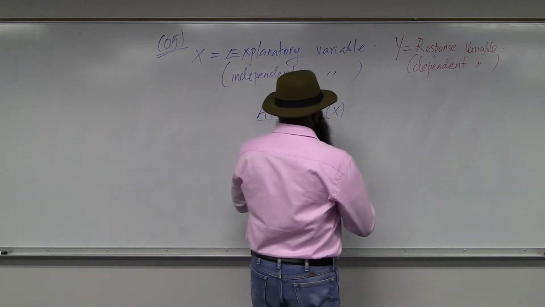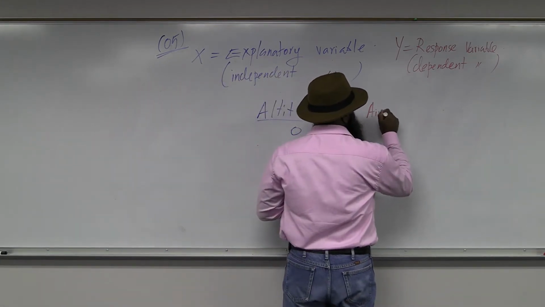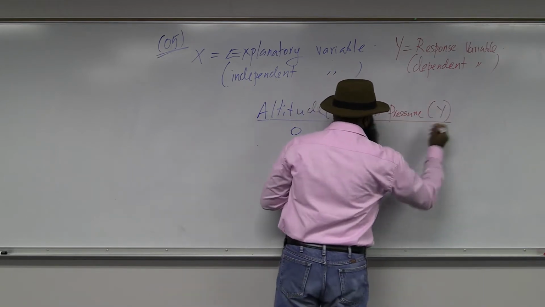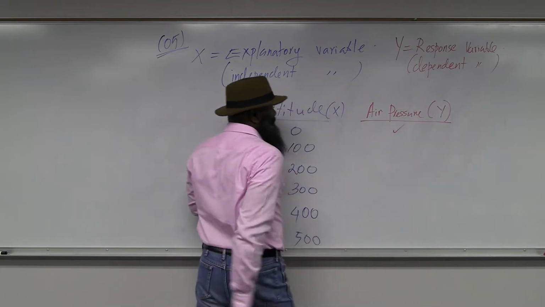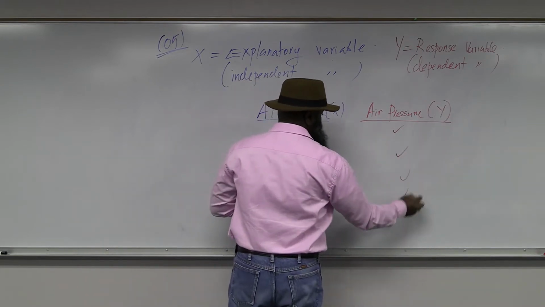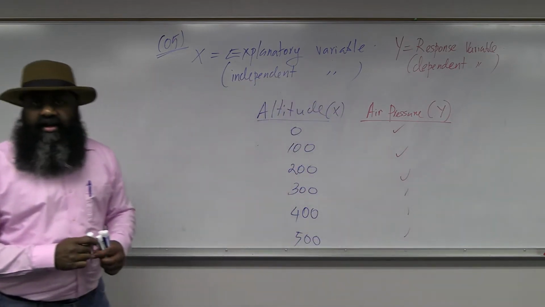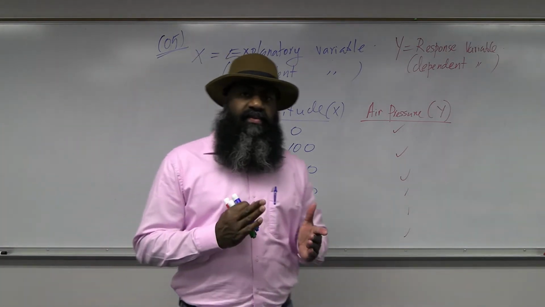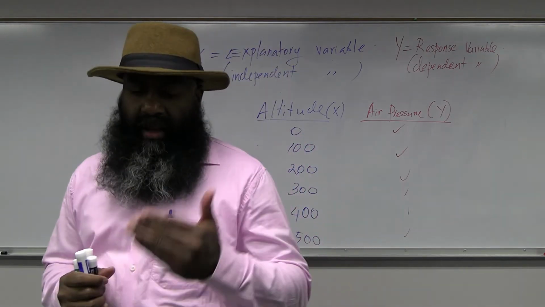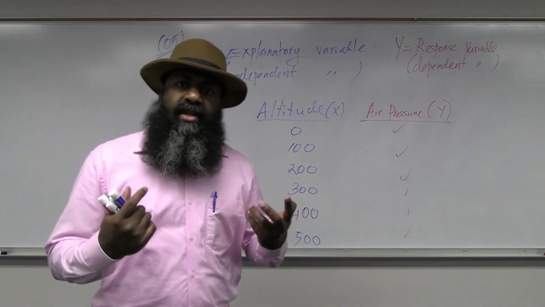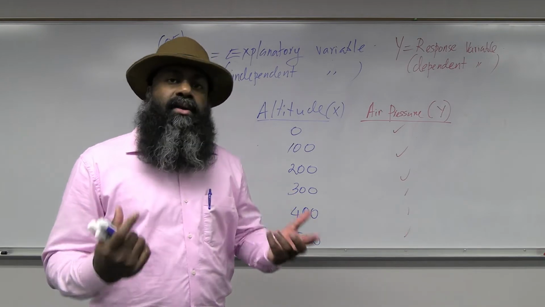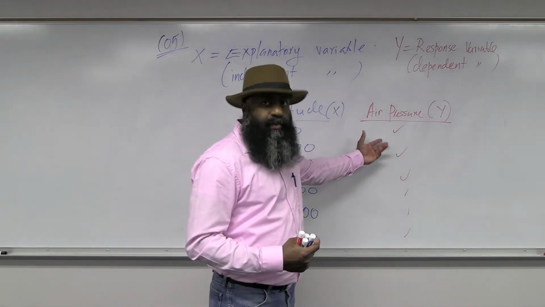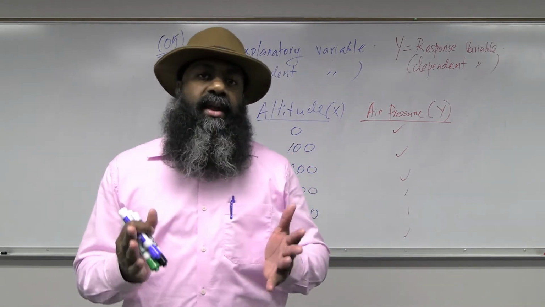So I would say air pressure. I don't know what the air pressure is at this level, at the other levels, and so on, so I need to find those values. So that's the basic guideline of labeling x and y. We label x as the variable over which we have some control, and the variable y is the response variable, the variable that you have to go ahead and measure.